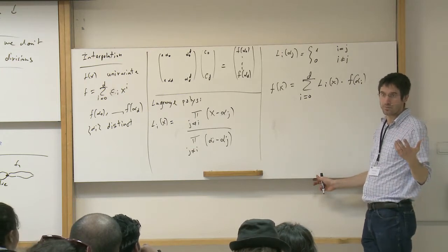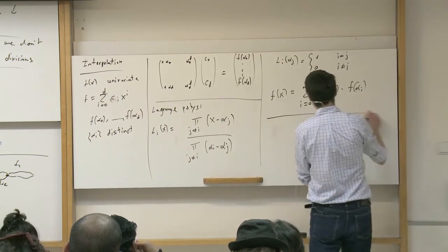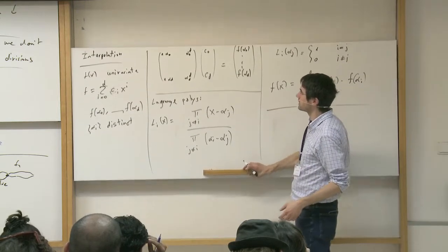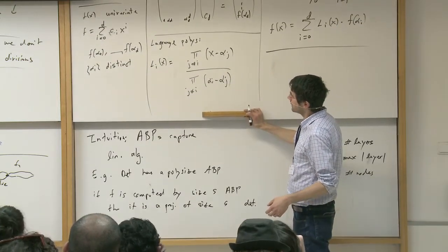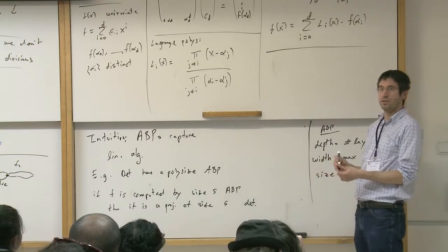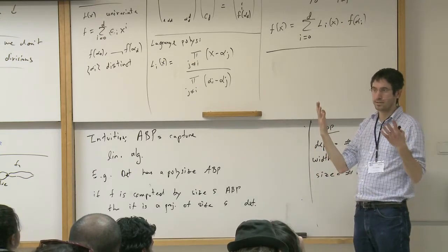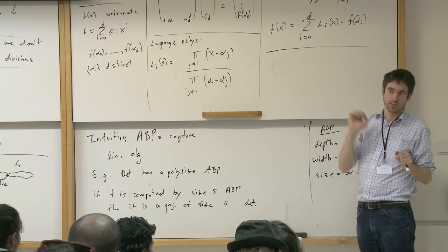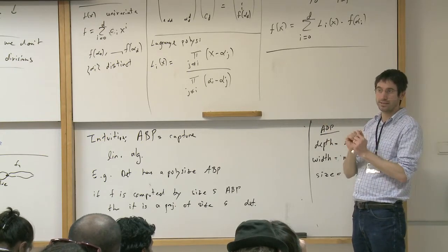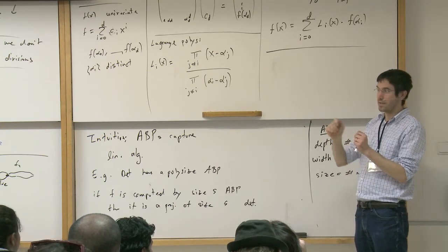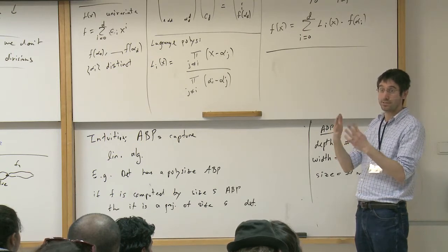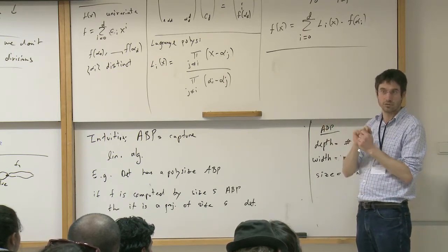Okay, so that's interpolation. What's the connection to arithmetic circuits? It basically tells you that if you have an arithmetic circuit and some variable that appears at degree d, then by evaluating the circuit at d plus 1 points, you can get access to the coefficient of that variable.